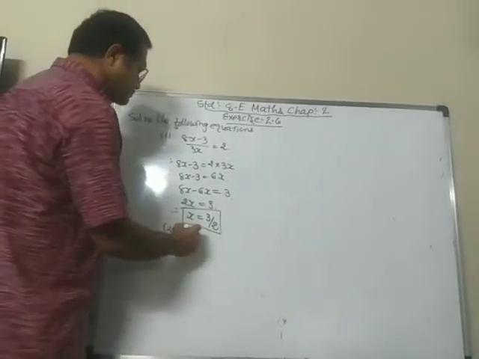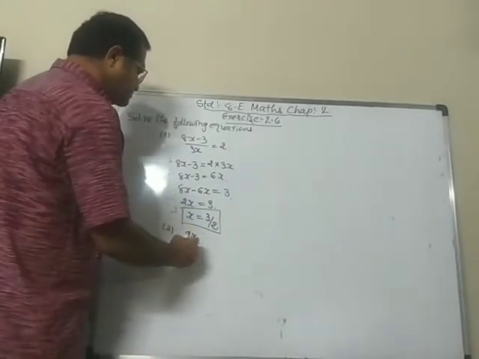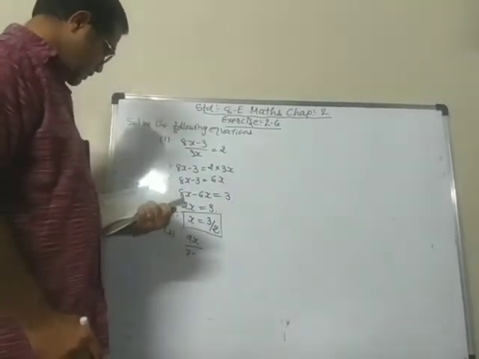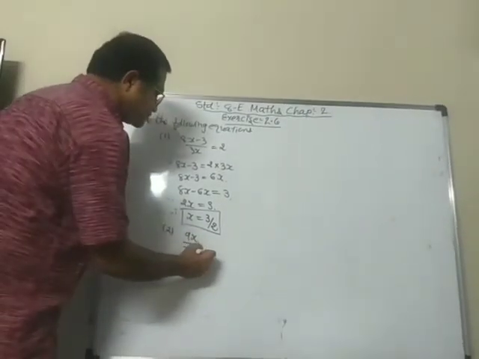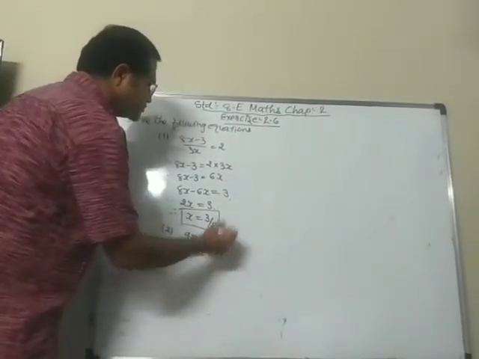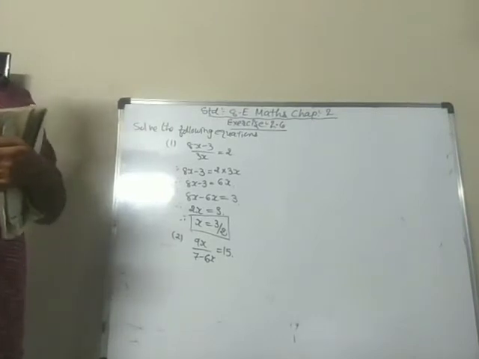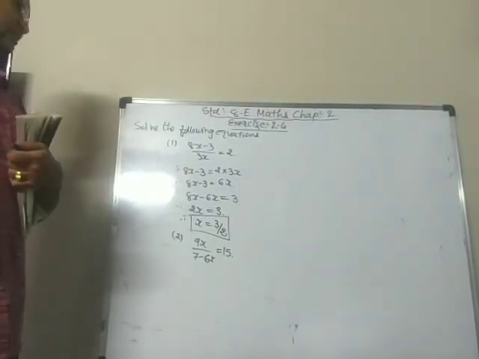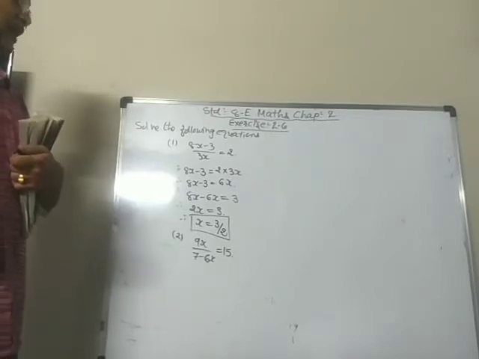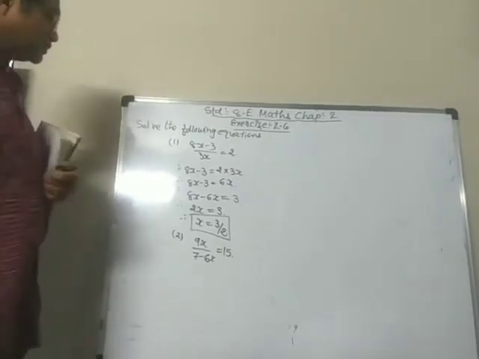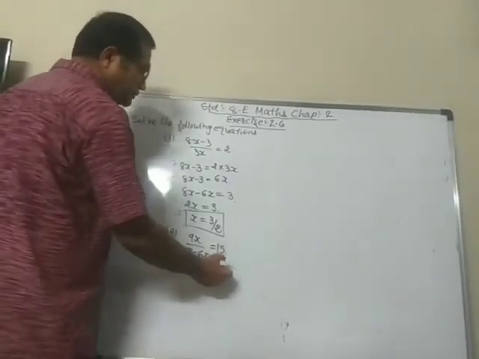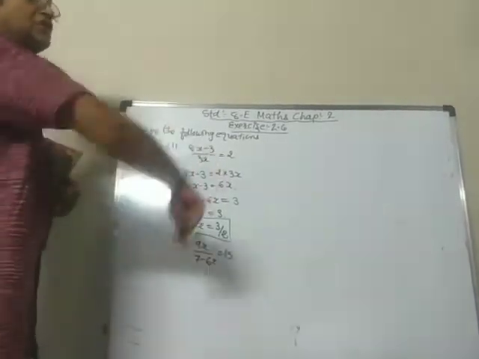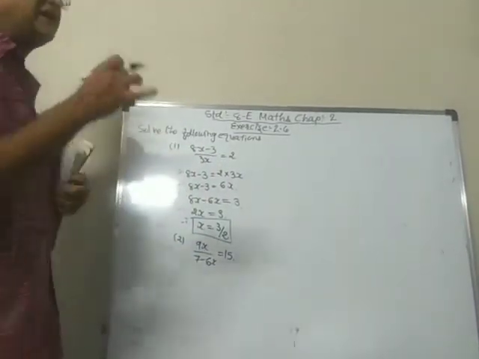9x upon 7 minus 6x is equal to 15. Here you can see that on the RHS there is only 15. If you put 1 down, then you can do the cross multiplication, but it is not necessary.